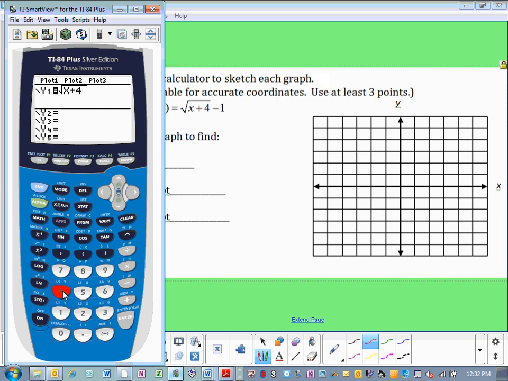For the newer calculators, if you have an 84 or higher, you gotta get your cursor out of the square root and do -1. Cool? If you do zoom 6, that's a good graph. It goes -10 to +10 on the x and y axes. Compare your picture to mine before you start drawing. Maddie, check your picture. Is yours the same as mine?